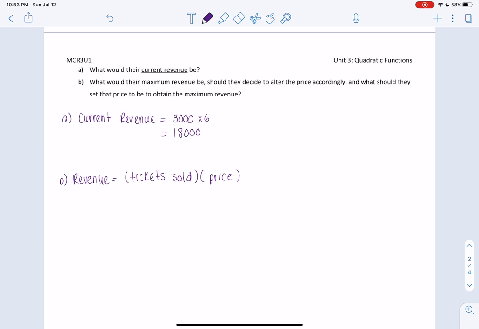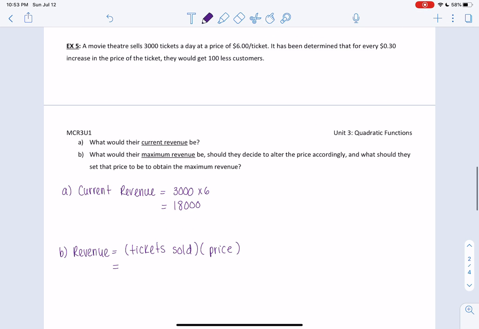So now, if I think of how many tickets I sold, if I look up here, I have 3,000 tickets. But then each time I increase it by 30 cents, we lose 100 customers. So we're going to start by saying, let x represent the number of price increases.